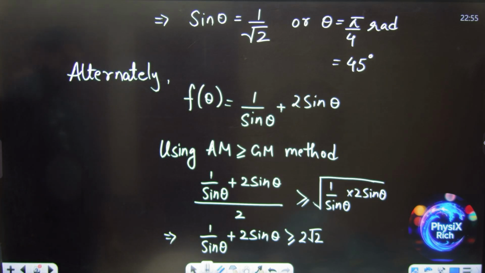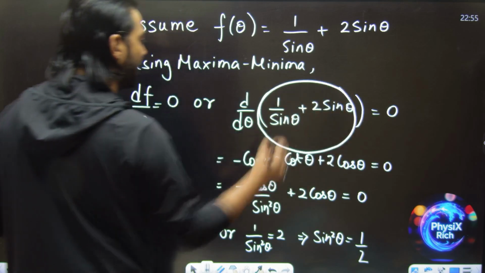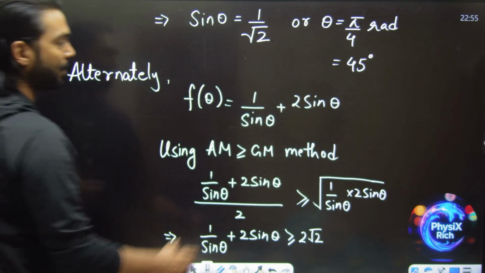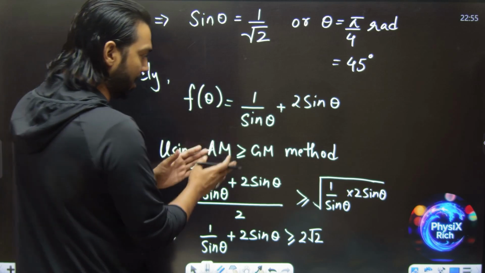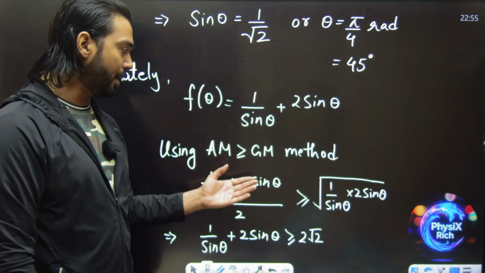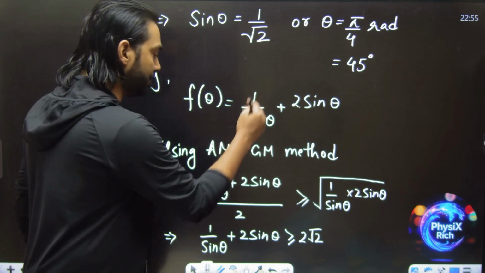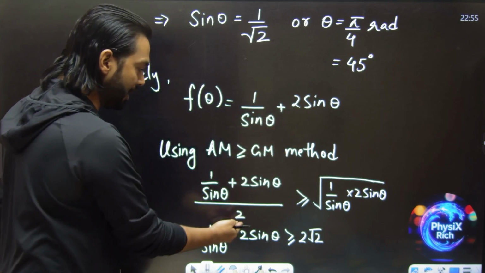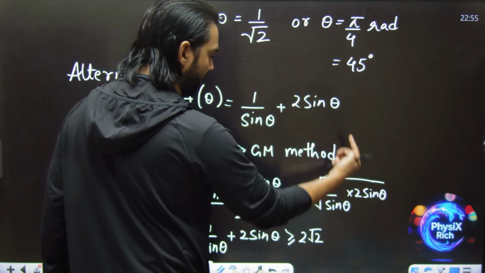Now you see, guys, alternatively, you can also apply the AM-GM technique, that means the AM must be greater than or equal to the GM. AM is the arithmetic mean, GM is the geometric mean. If you find the arithmetic mean of this, you simply get the sum of these two divided by 2, and the geometric mean will be the square root of the product of these two.